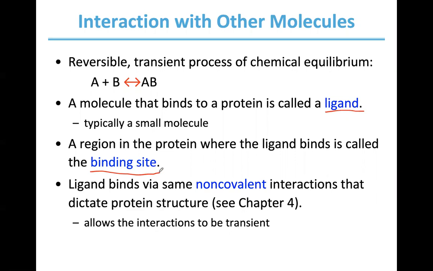Now, if your globular protein is an enzyme, it can also be called the active site. Active site, if enzyme.